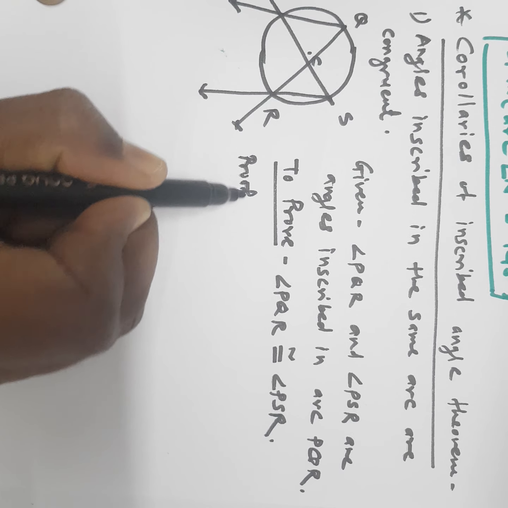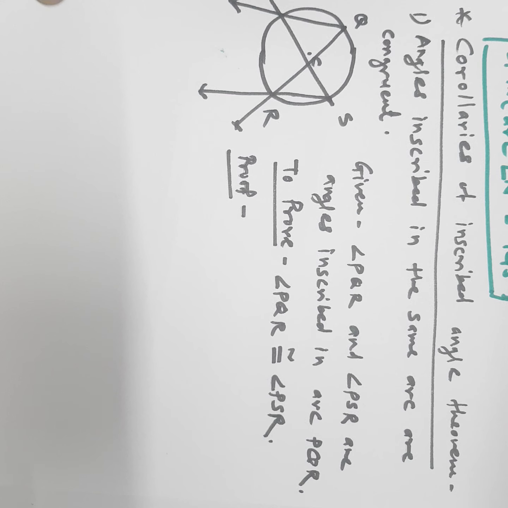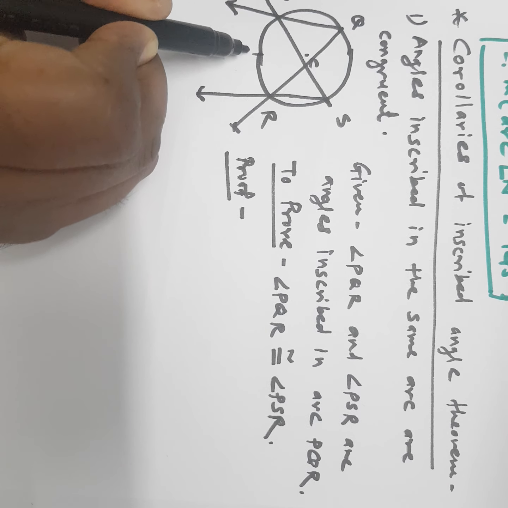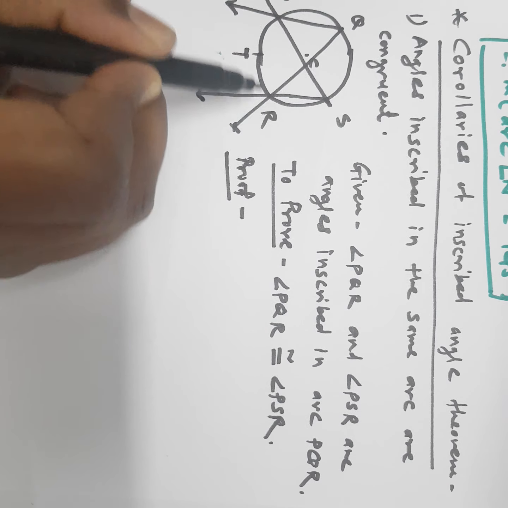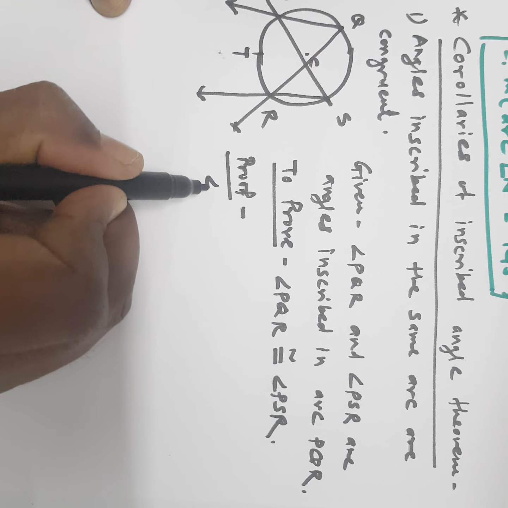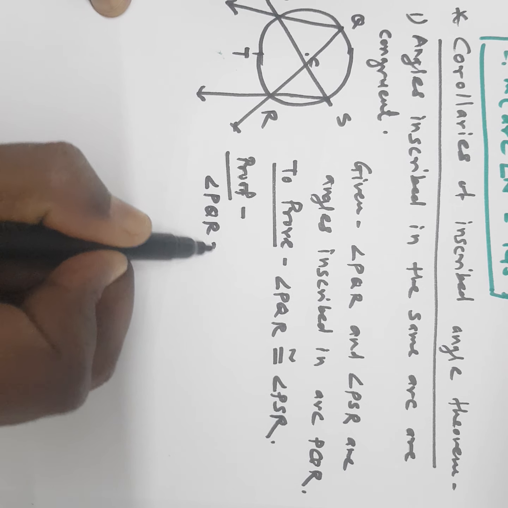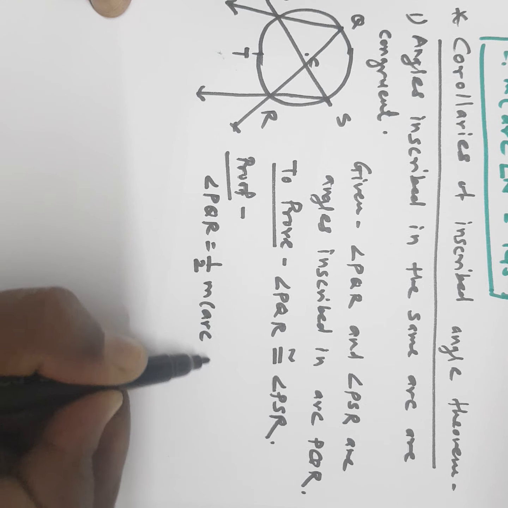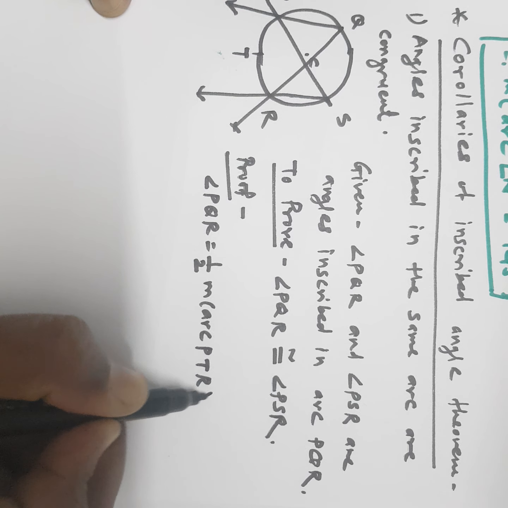Proof. Here we know the inscribed angle theorem. If we give the name PTR to the arc intercepted by both angles, then angle PQR is equal to 1/2 measure of arc PTR.